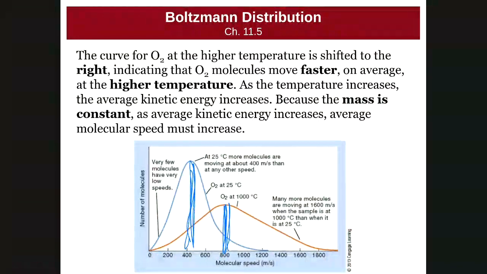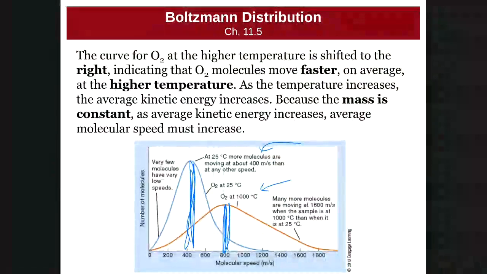So at 25 degrees Celsius, it's most likely that the molecules are moving at this 400 meters per second. At 1000 degrees Celsius, it's most likely that the molecules are moving at about 800 meters per second.